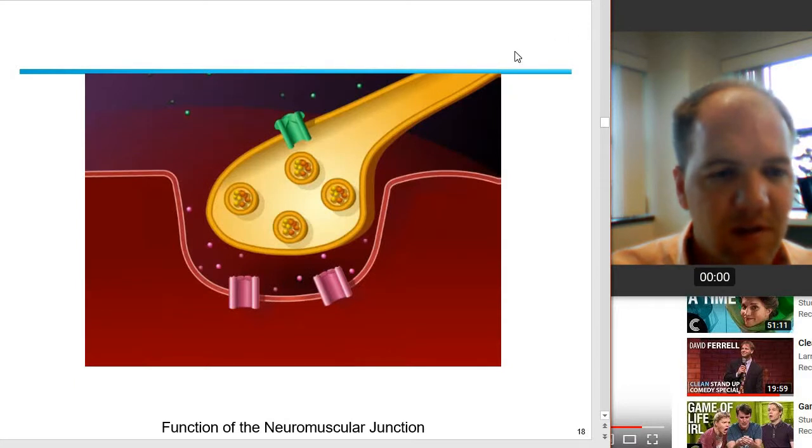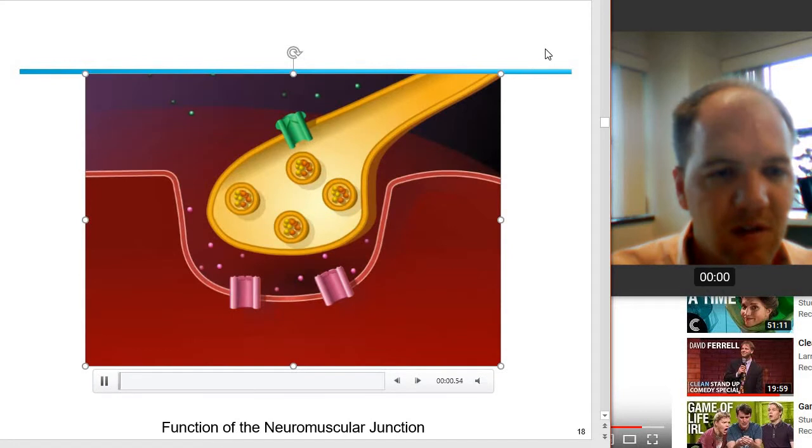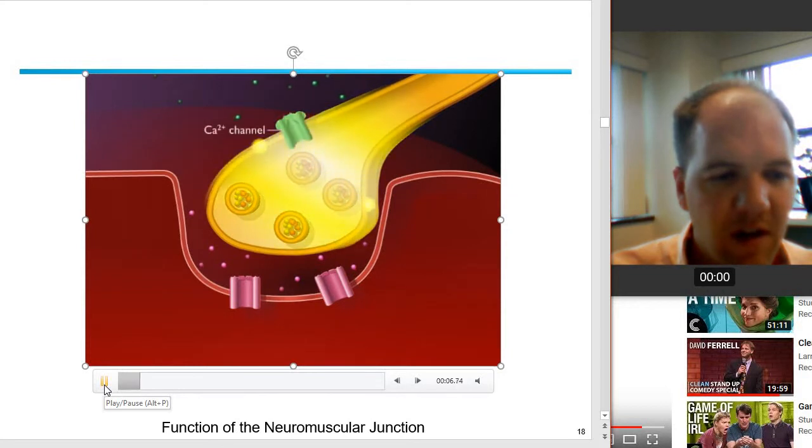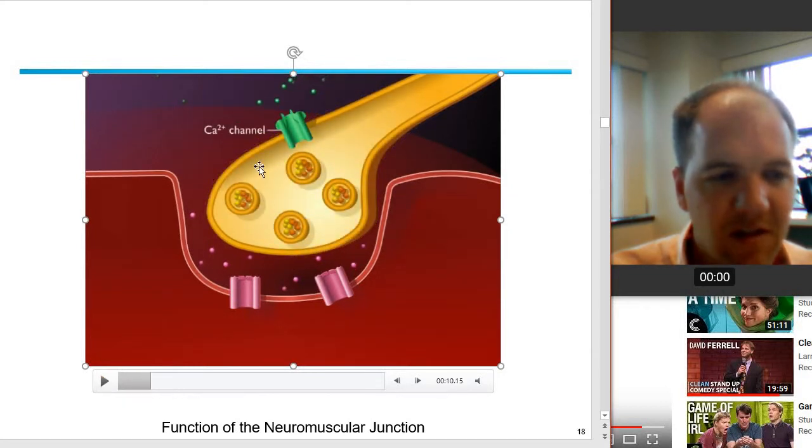As the signal comes down the neuron, it's going to reach the end of the axon, and that's going to stimulate this axon to release the acetylcholine, which will move across the synaptic cleft. So let's watch this happening.